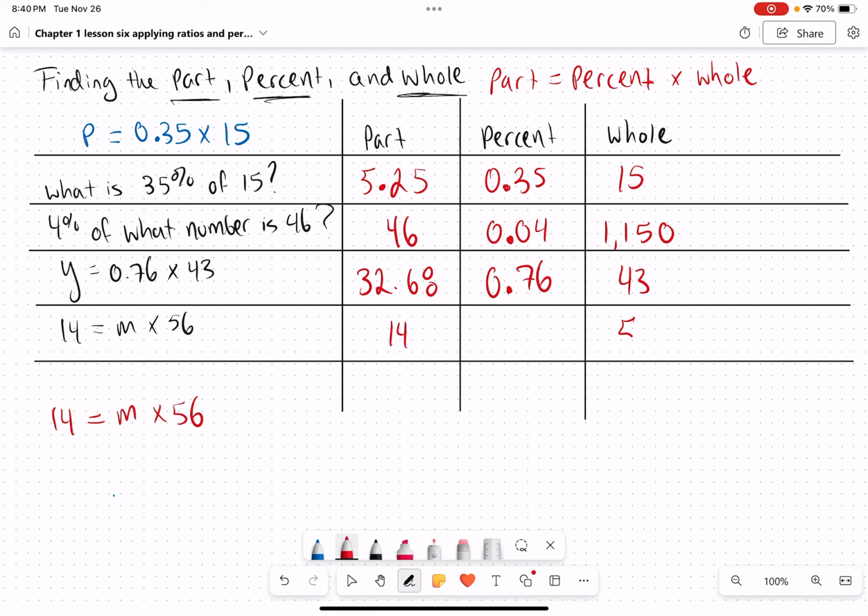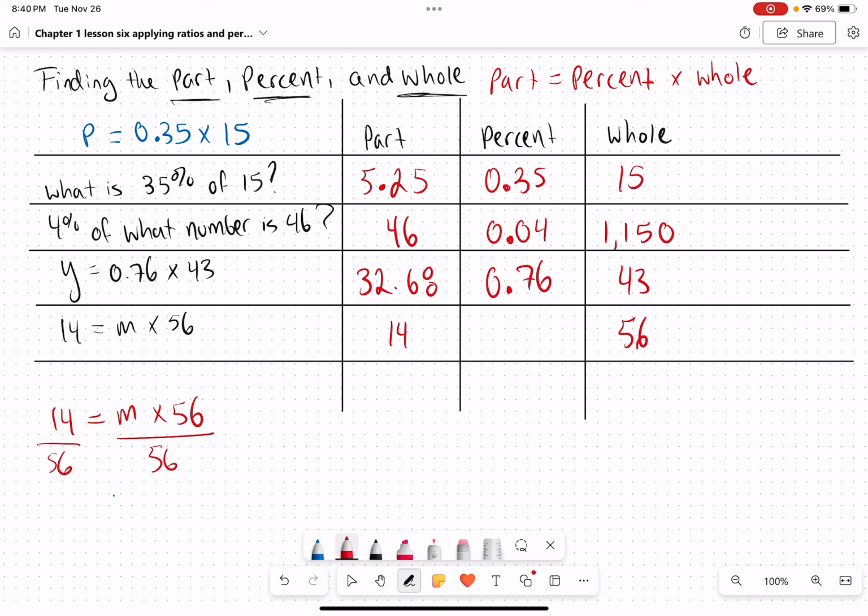So under the whole, we're going to put 56. How do we look for the percent in this case? We're going to have to isolate m. In order to isolate m, we need to divide by 56. It's being multiplied by 56, so in order to get rid of it, we need to divide by 56. And what we do to one side, we do to the other.